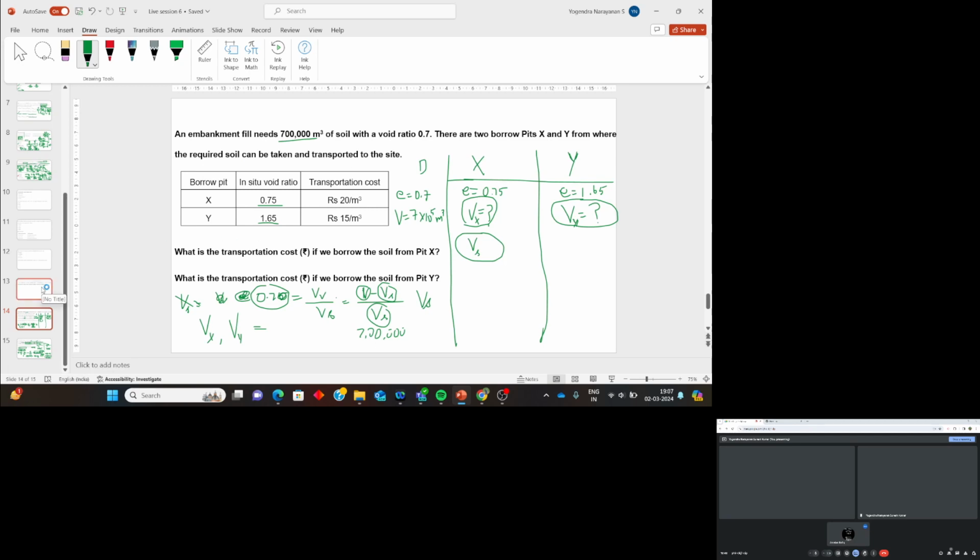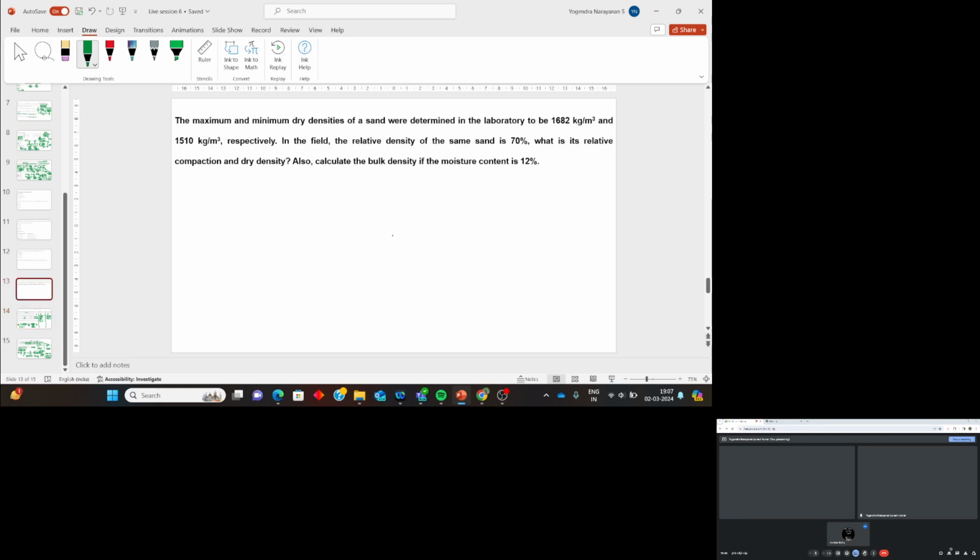Okay. Let us solve one last problem and we will close this session. This is a relatively easy problem. The maximum and minimum dry densities of a sand are determined in the laboratory to be 1682 kilogram per meter cube and 1510 kilogram per meter cube respectively.